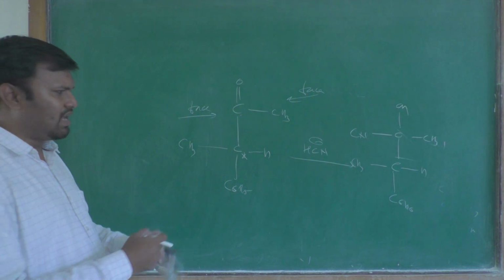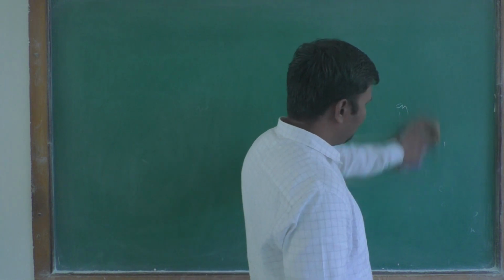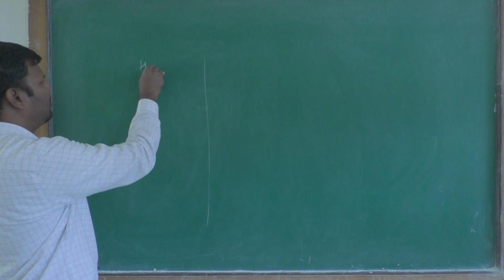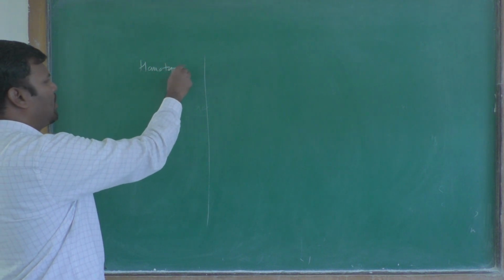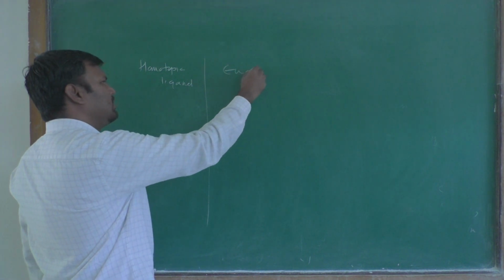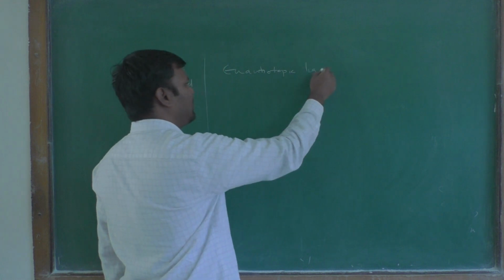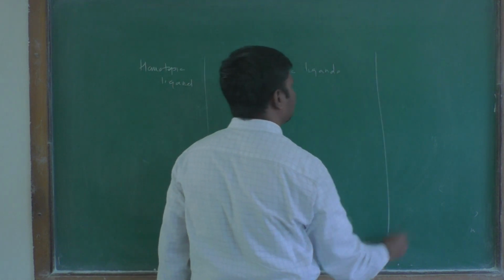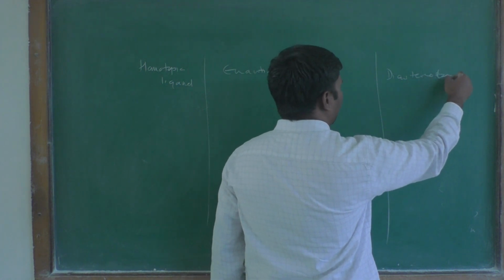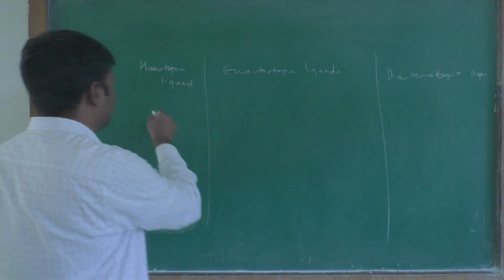Let's summarize the three types of faces or ligands we have discussed: first homotopic ligands or faces, then enantiotopic ligands or groups, or faces, and diastereotopic ligands or faces.